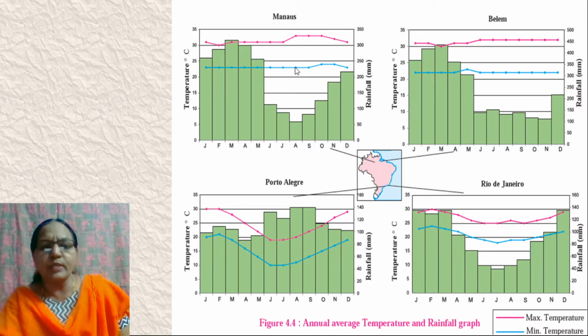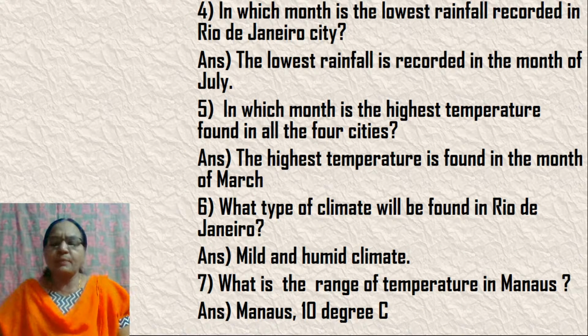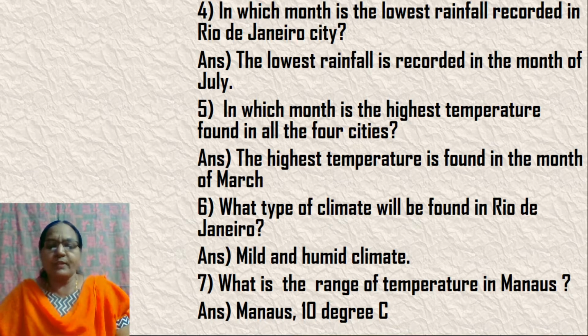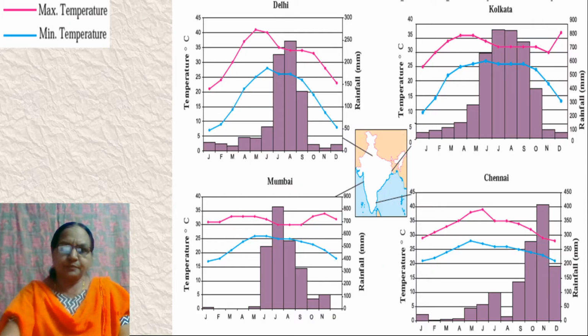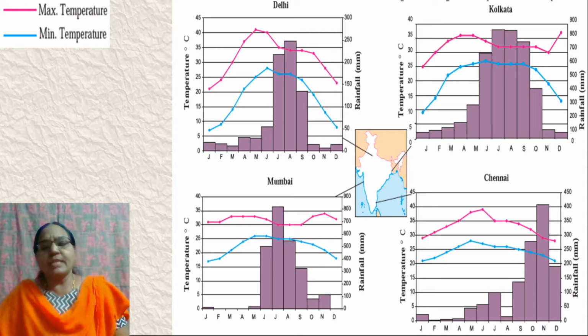So 34 minus 24 comes to 10. So what's the range of temperature in Manaus? We find the range of temperature is 10 degree Celsius. Next we are going to study the rainfall temperature graph of our Indian cities. So here Delhi, Kolkata, Mumbai and Chennai are given.